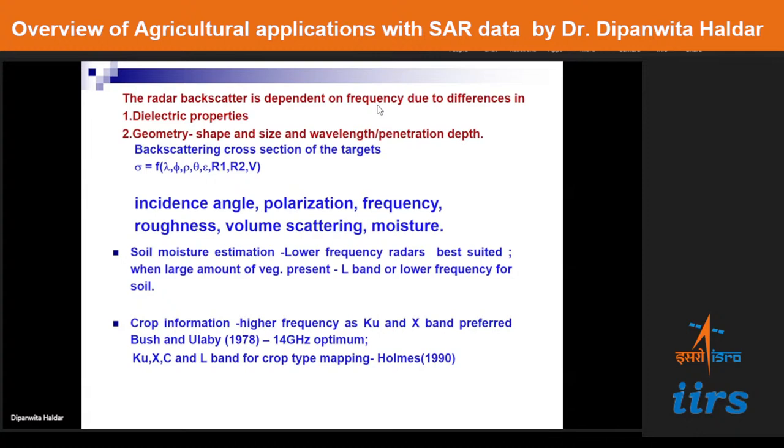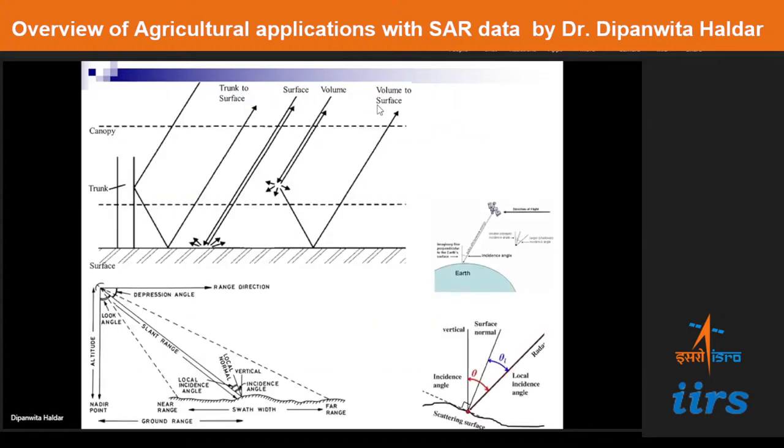Suppose we want the information of the top layer of the canopy, or up to a particular depth of a wheat canopy or rice canopy. So we want the wavelength to penetrate only to that particular range. It should not go and get into the soil, so that we get the vegetation information from the upper layers. So Ku band, X band, C and L band are important for crop type mapping.